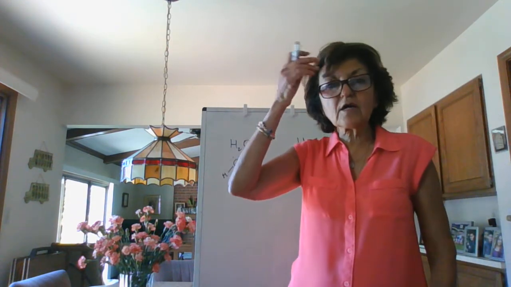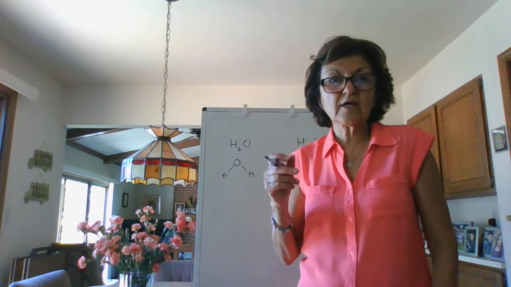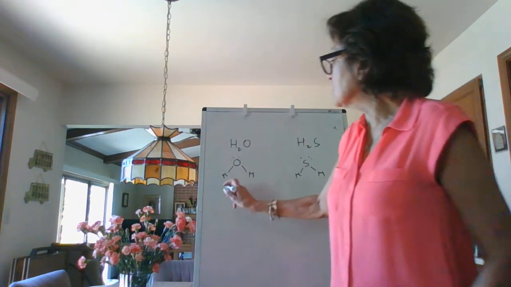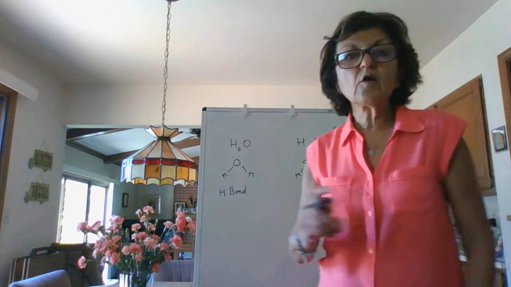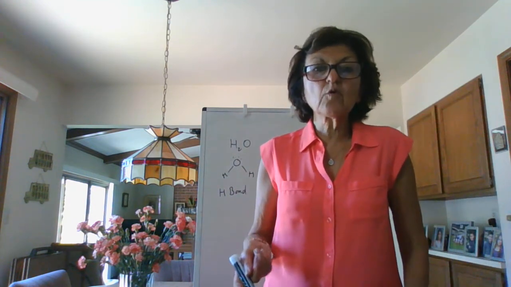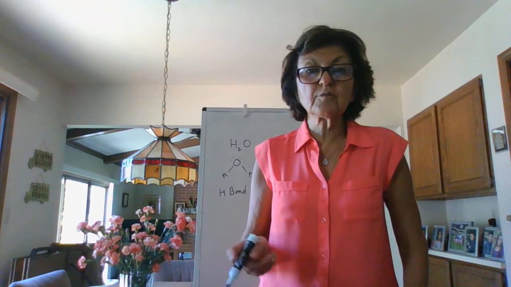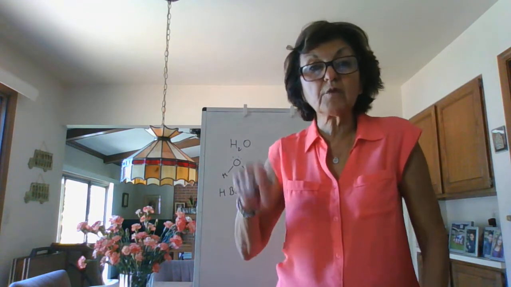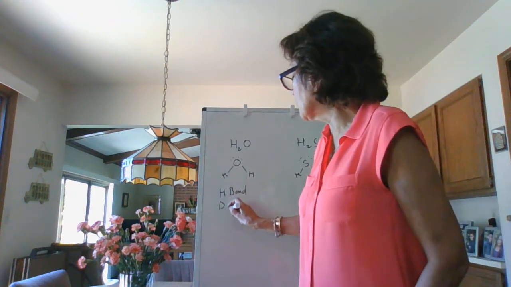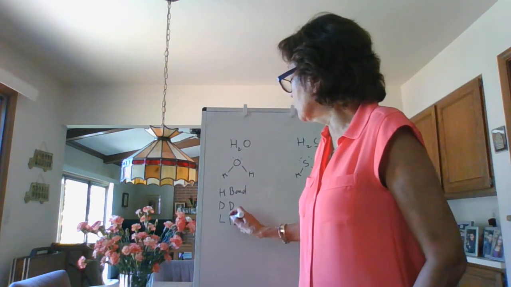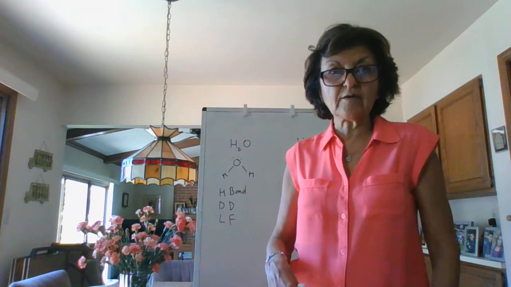Again, let's take a look at what the intermolecular forces are. Obviously, this can do hydrogen bond. The molecule has to be polar in order to do hydrogen bonding, but it also has to have a hydrogen bonded to an FON. So this can do hydrogen bond, dipole-dipole, and London force. So it does all three.